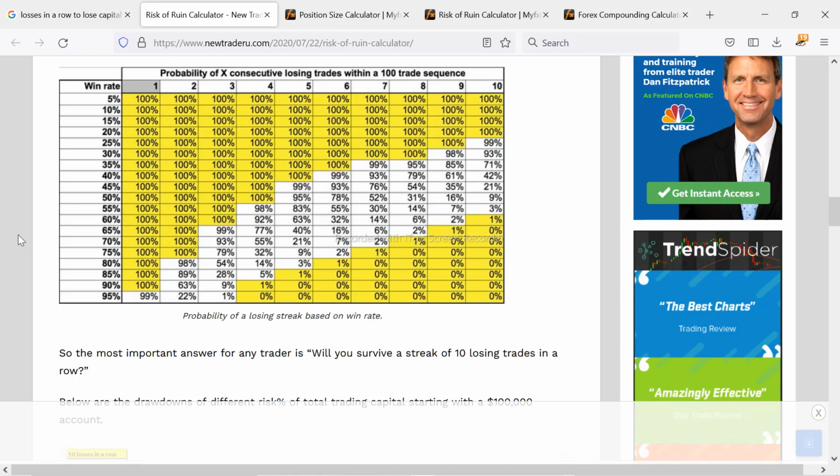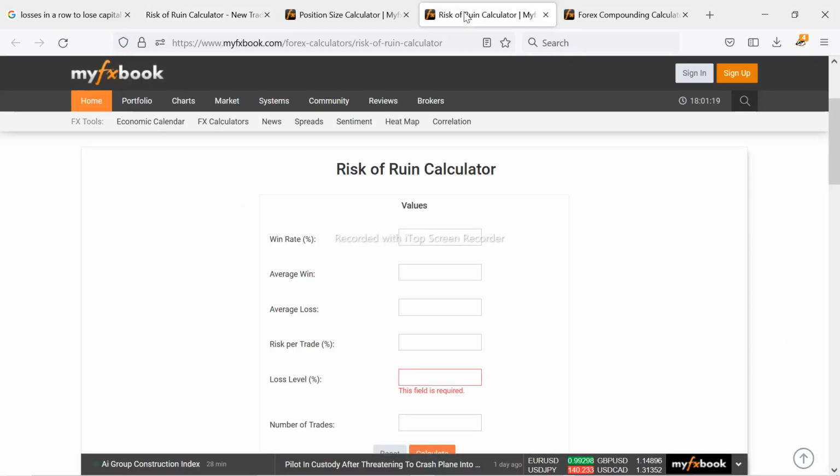Now, having said that, there's a concept called risk of ruin, right? And my FX book has a risk of ruin calculator.